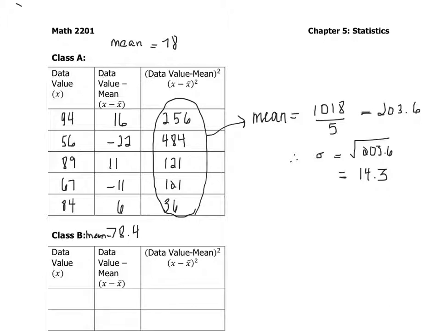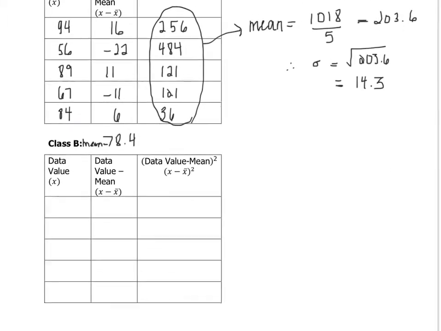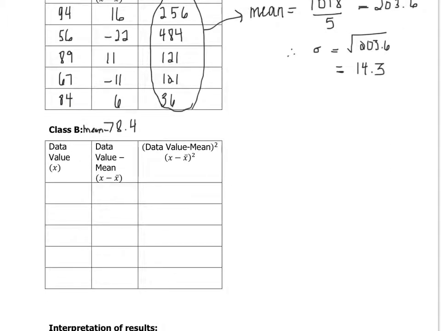And so if we fill out our chart for Class B, the data values were 84, 77, 76, 81, and 74.